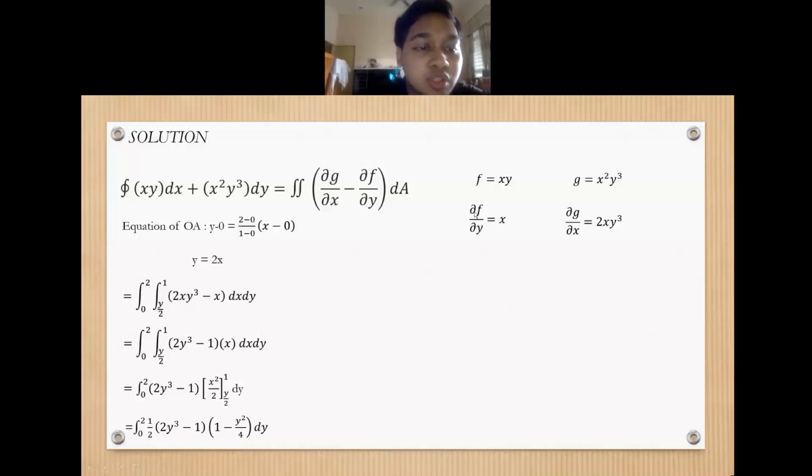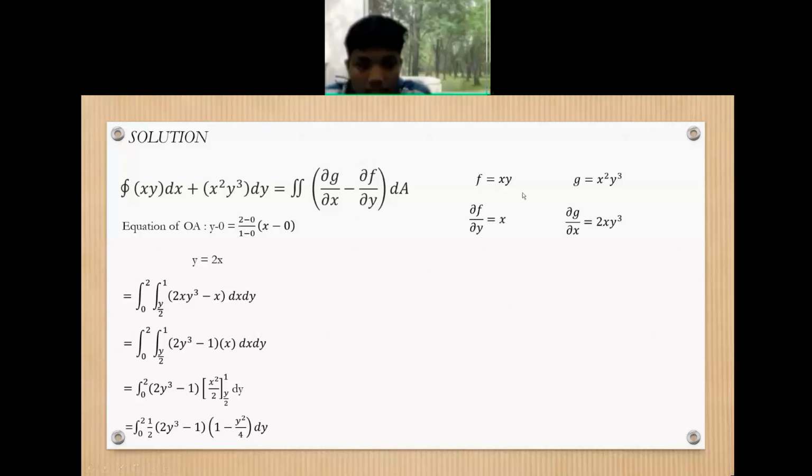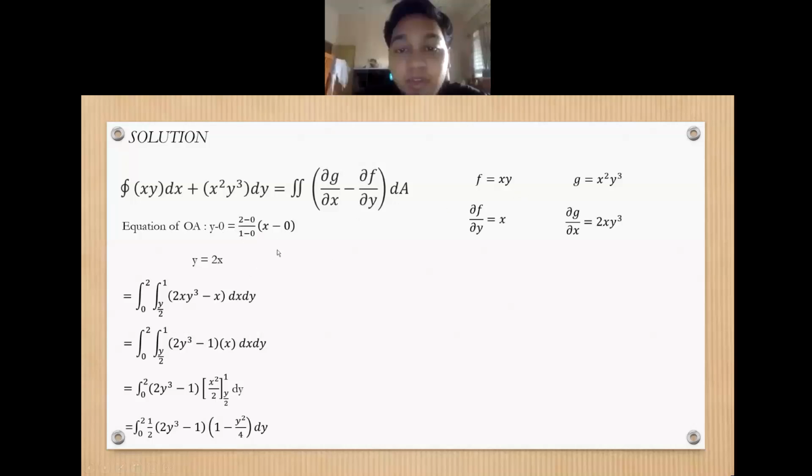So we find the equation of OA over here and we get y equals 2x. Next, we find f and g. Based on the equation, we get ∂f/∂y and ∂g/∂x. Next, based on the general equation, we get the equation here with the limit y/2 to 1 for x, and for y the limit 0 to 2.